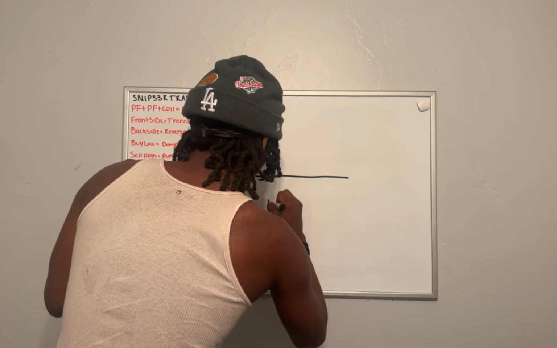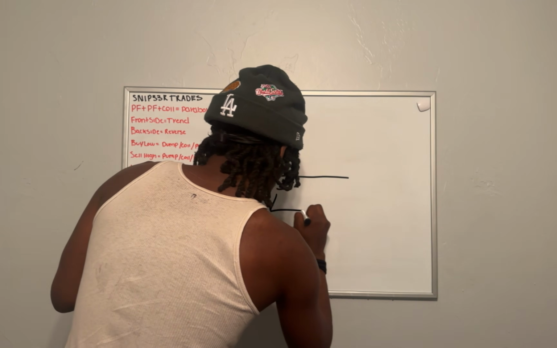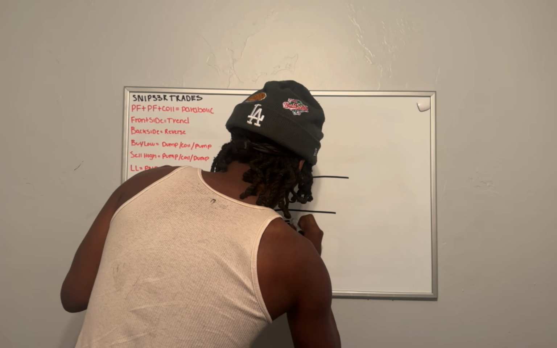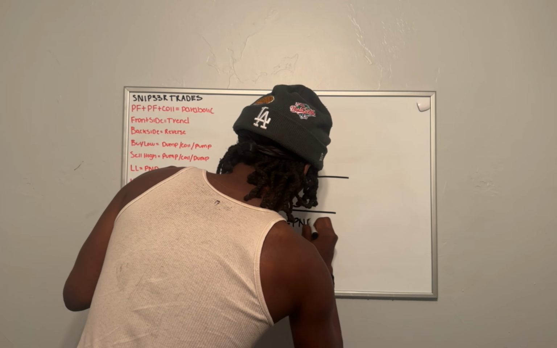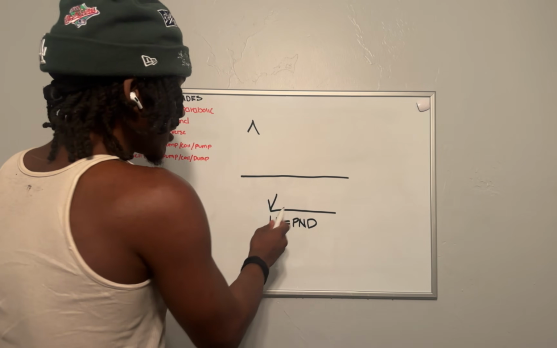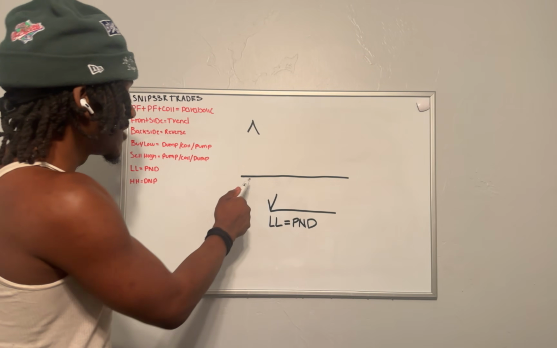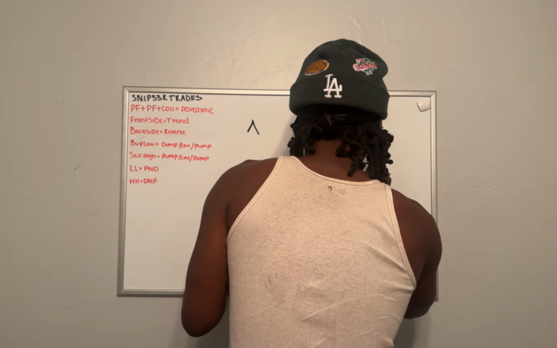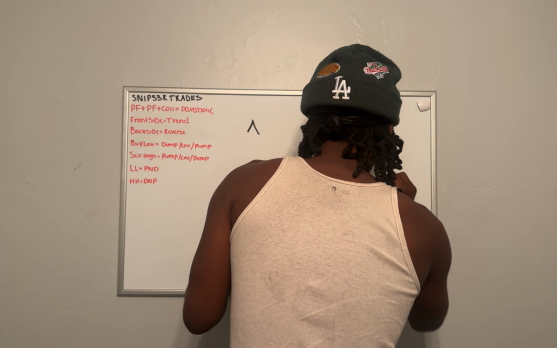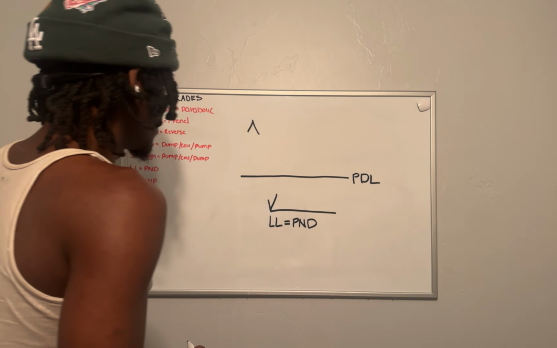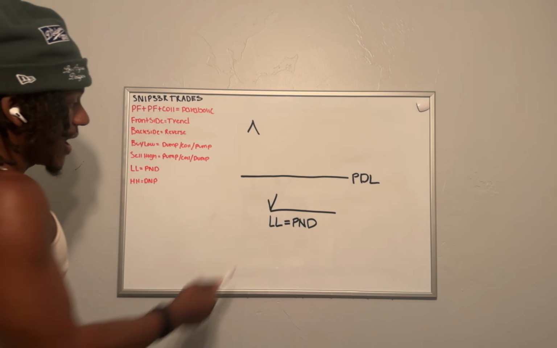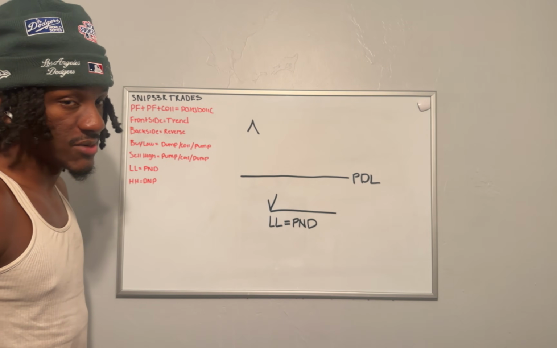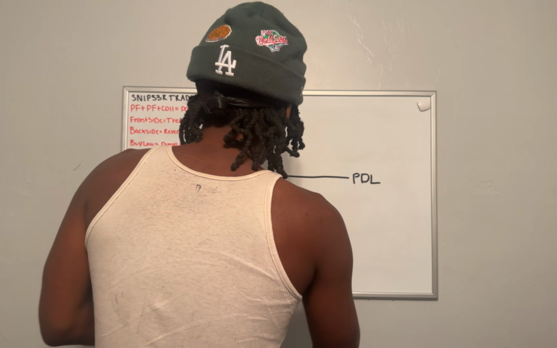Our peak formation low in London breaches the previous day's low, which triggers other time frame trades into the market. That being the recipe for our pump and dump template in our third session in New York.